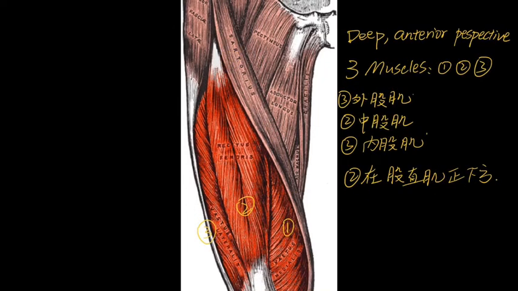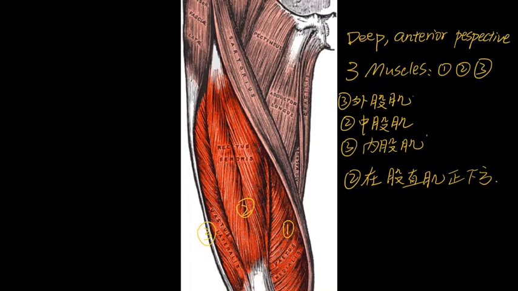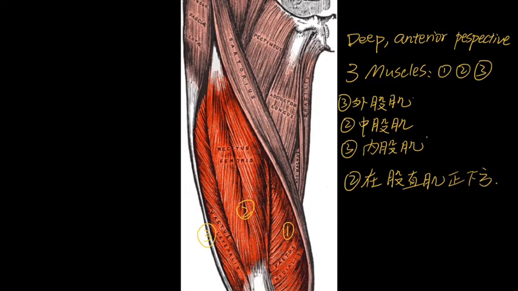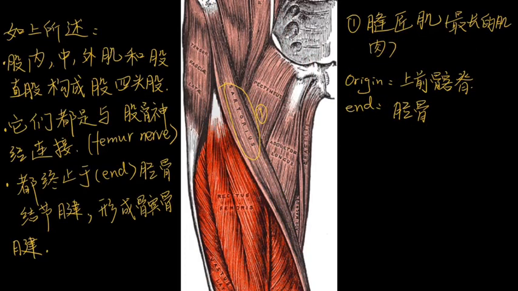When we dissect the rectus femoris, we could see the deep muscle, which is the vastus intermedius, and also the vastus lateralis and the vastus medialis. Those three groups of muscle originate from the condyle or the shaft of the femur. The ends of the quadriceps muscles are the same.